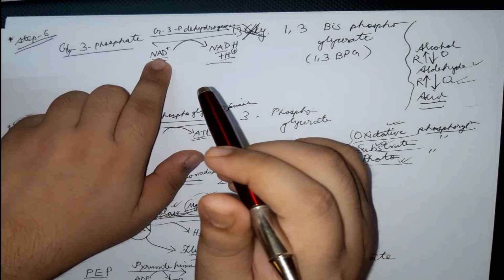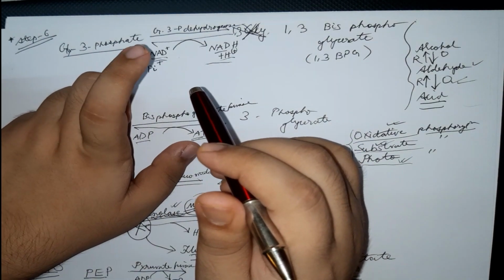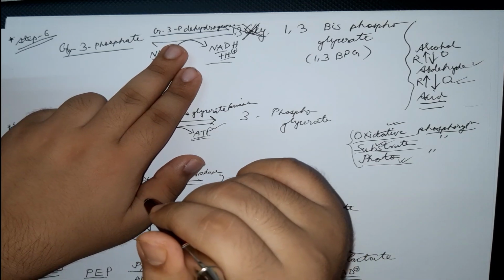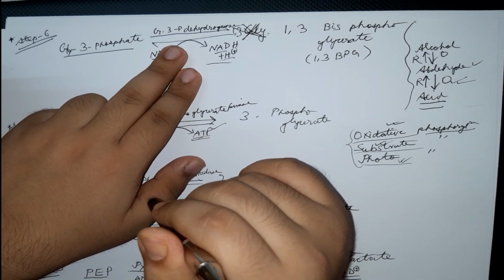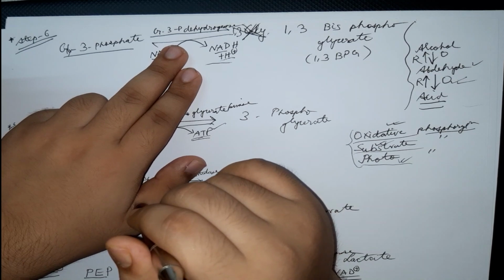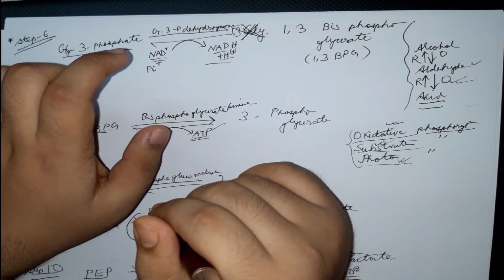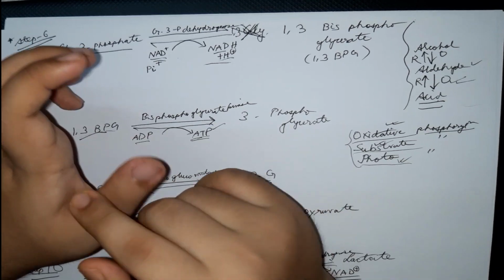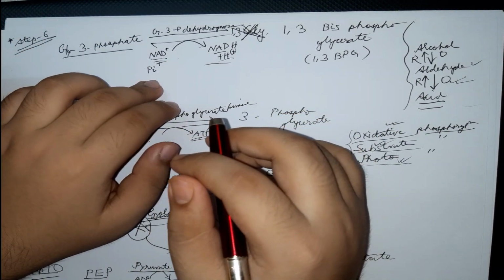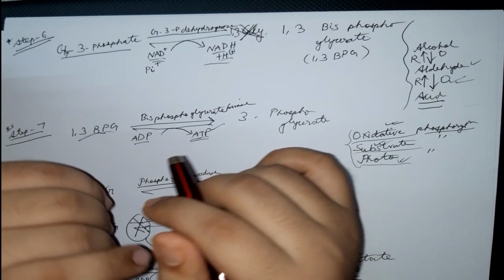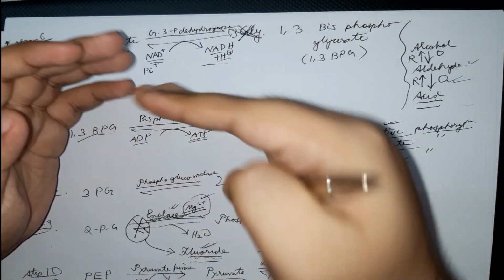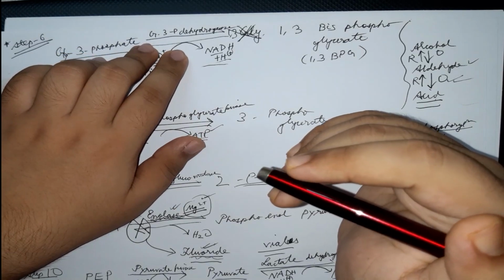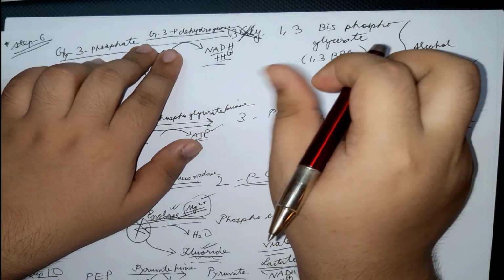So we require the coenzyme for glycolysis to continue, for this step to occur. However, the availability of coenzymes in the cell is very limited. If we do not have a proper supply of NAD plus, then this step cannot occur, and the entire glycolysis will be shut down at that part. That will be a problem. So this is called the bottleneck effect.